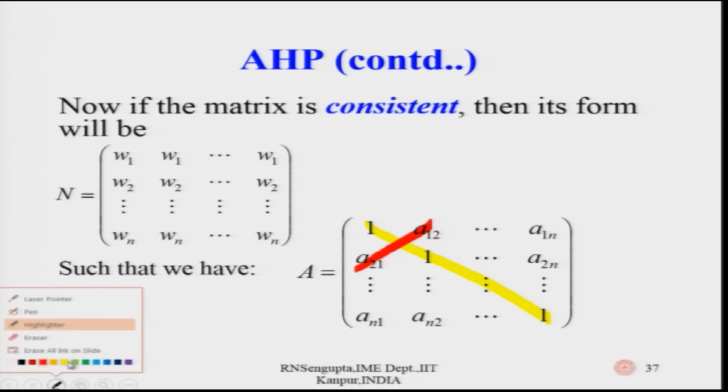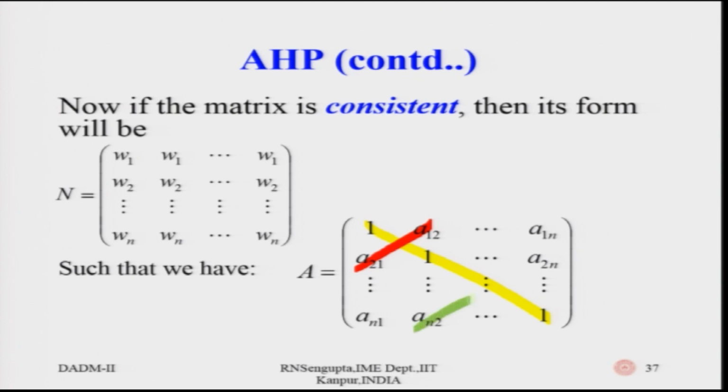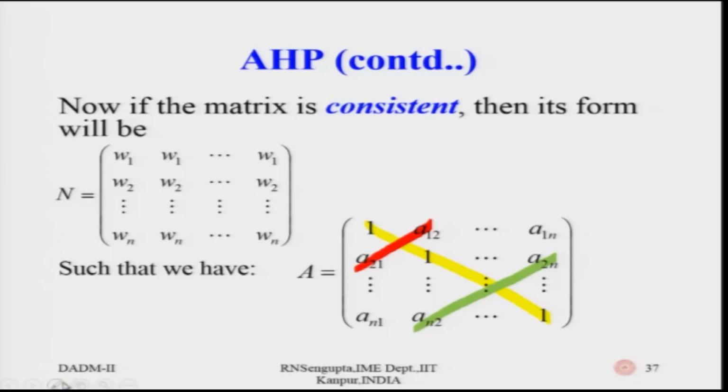Similarly, if I consider A n to A 2 n, again they are not symmetric, because the scoring pattern which you are doing for the criteria and the alternatives follows the same scheme of scores of 1, 3, 5, 7, 9, and if there is ambiguity you bring in the even numbers. So, in this case it is an asymmetric matrix, the principal diagonal being 1.